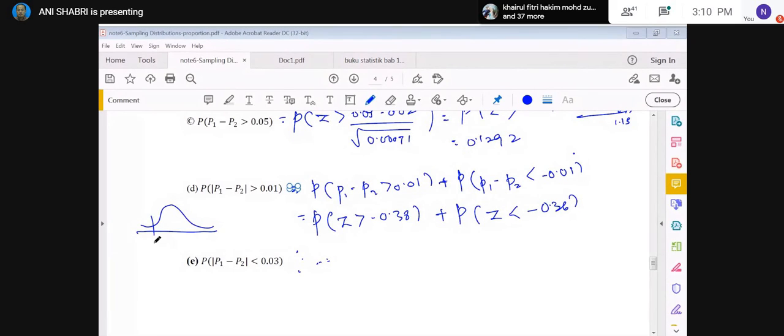Okay, negatif 0.38 greater, the area is here, and satu lagi 0.36, the area is here.